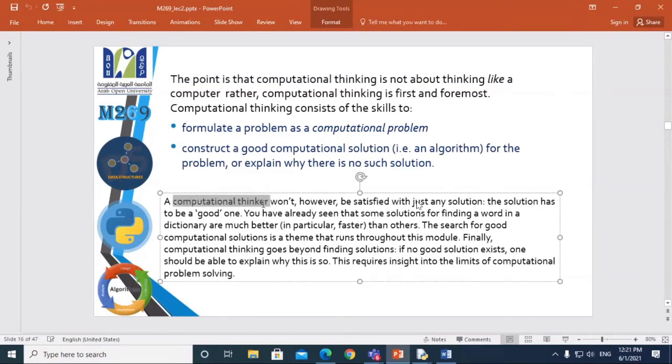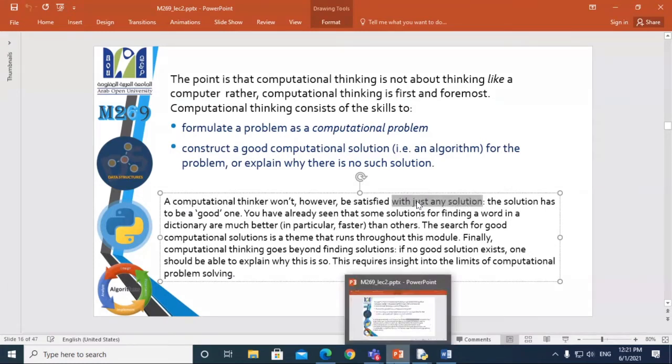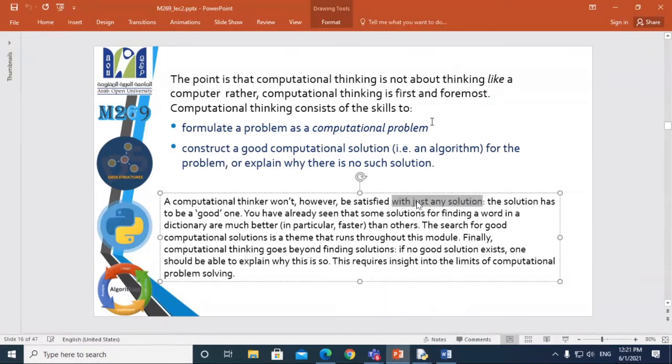A computational thinker, which is what you will be, God willing, won't be satisfied with just a solution. The solution has to be good, in terms of speed, in terms of space, and sometimes even understanding.